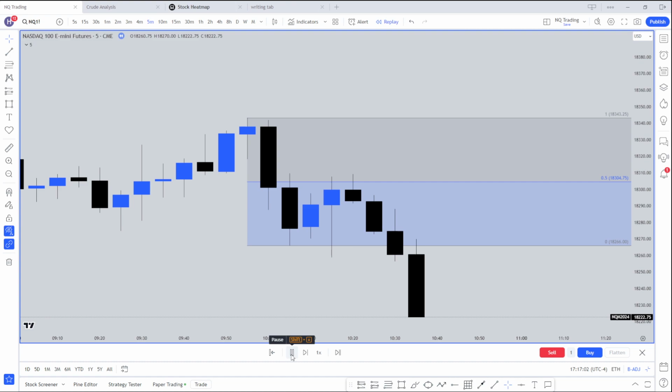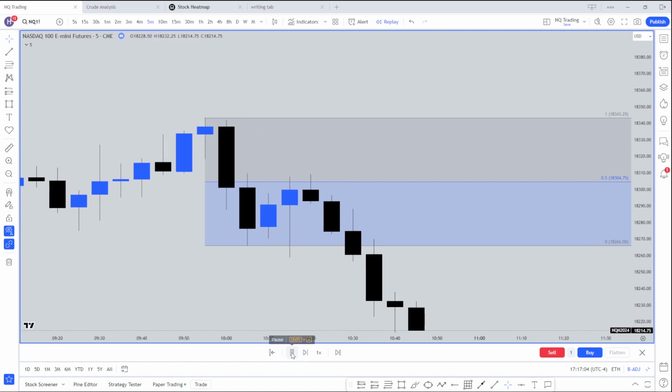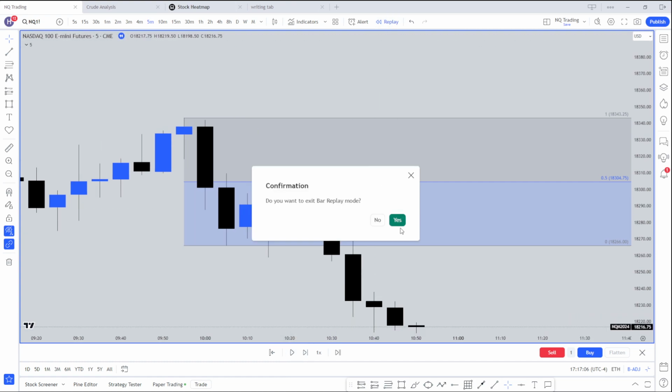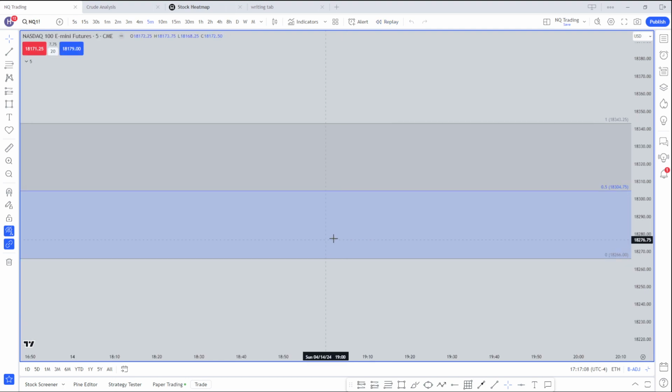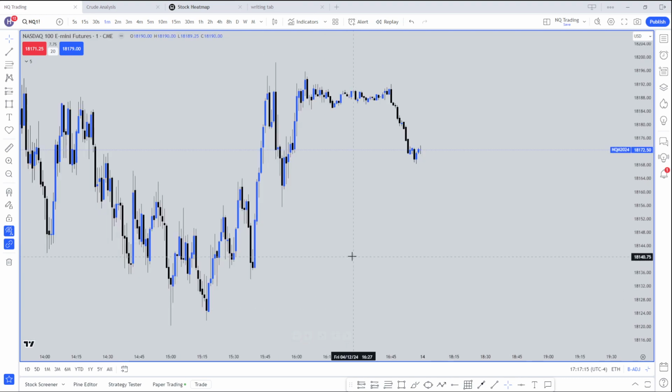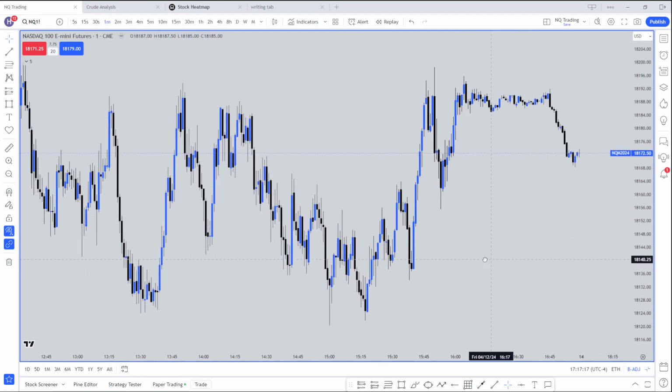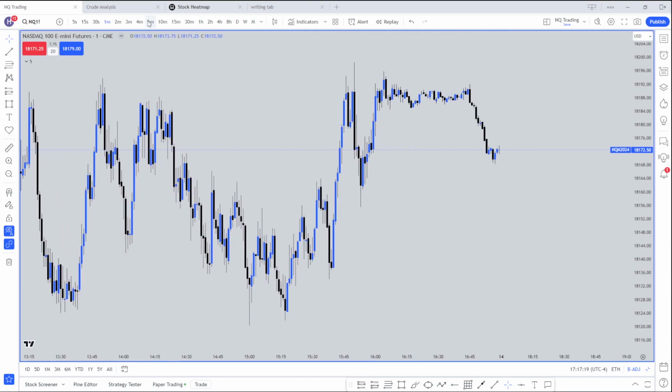Okay. So let's do one other thing here. Just to illustrate what we're doing, we're going to drop down to a 1 minute chart. And I lost my dealing range.